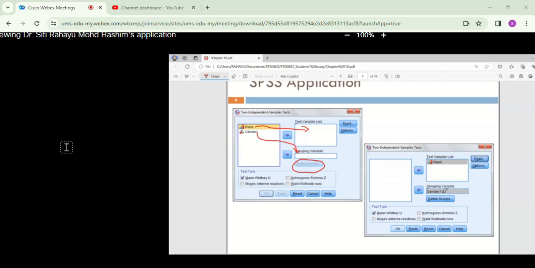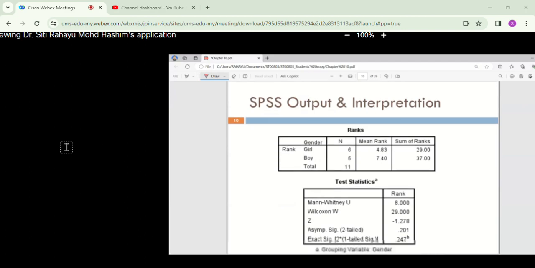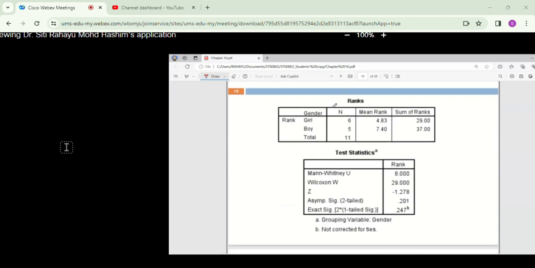Right, so you define group 1 and 2, and then click OK, and then you will get this output. So it says here 6 girls, 5 boys. The boys has the mean rank higher than the girls, and the sum rank also higher. Sum of rank also higher compared to the girls.